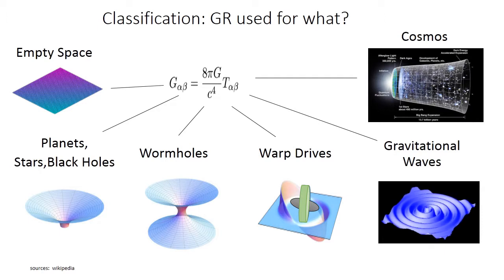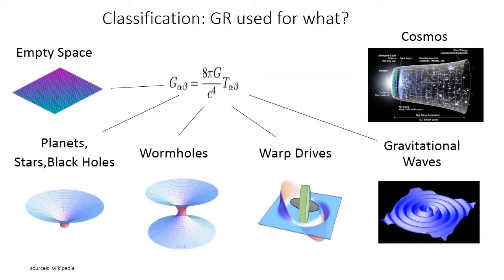In the next example we have planets, stars and black holes. In this case, as a result, what we get is a funnel shape, and for a planet this funnel is more shallow, for stars it's steeper, and finally for a black hole it goes to infinity. And that point in the middle is also called a singularity.